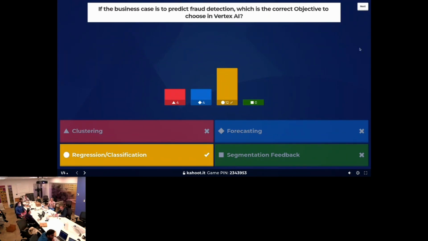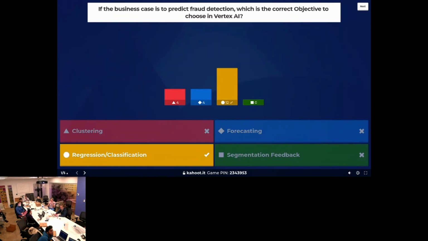So what's the right answer here, Roya? So the right answer is basically classification. The idea is you have all of this information and you are just trying to make a binary decision whether it's fraud or not. And so clustering, forecasting, they don't even make sense. Clustering is when you do not have the information whether it's a fraud or not.